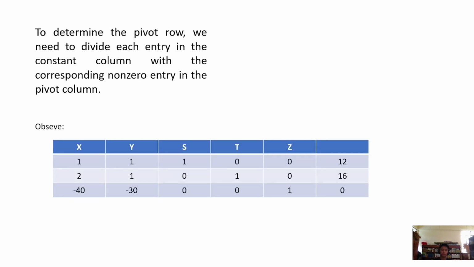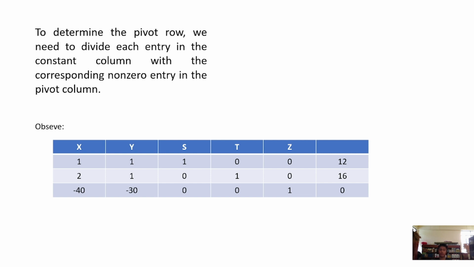To determine the pivot row, we need to divide each entry in the constant column by the corresponding non-zero entry in the pivot column. So we do not include the last row in this procedure.